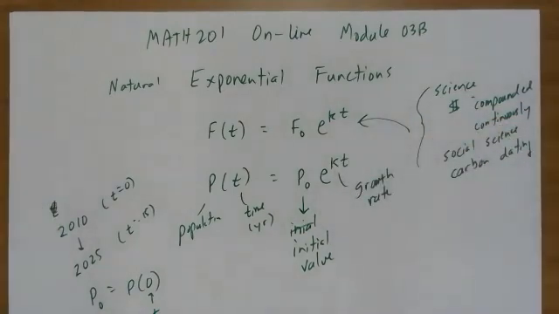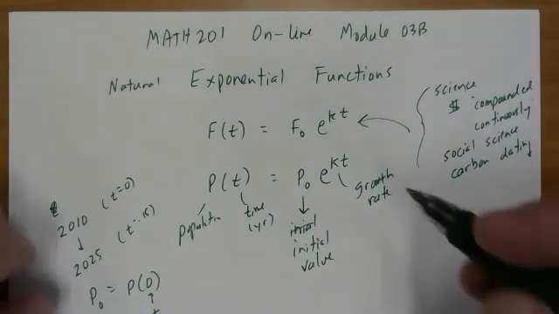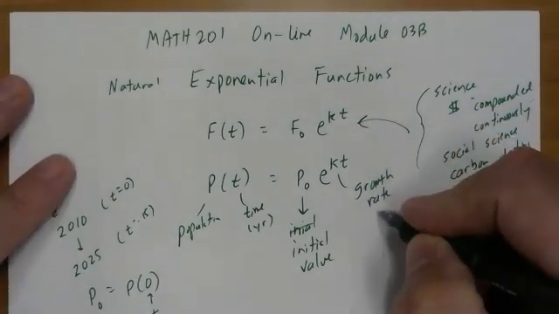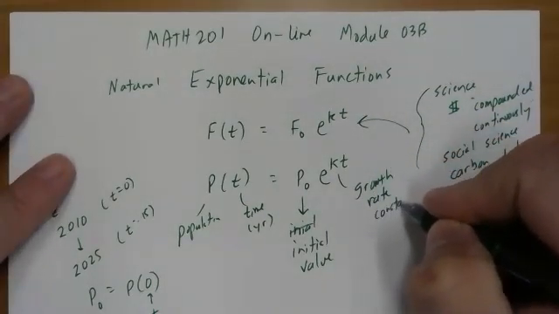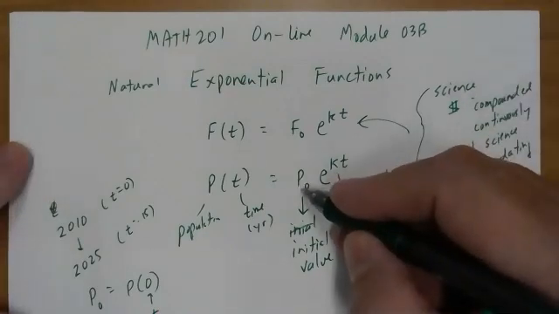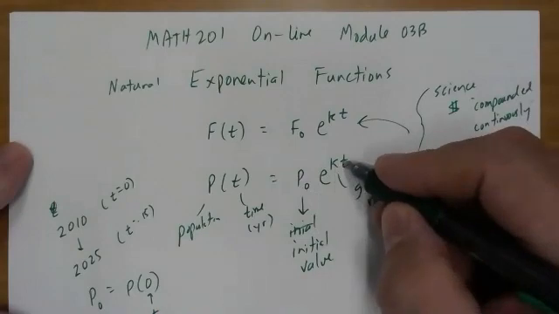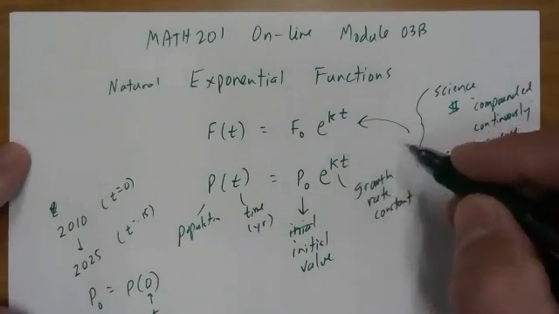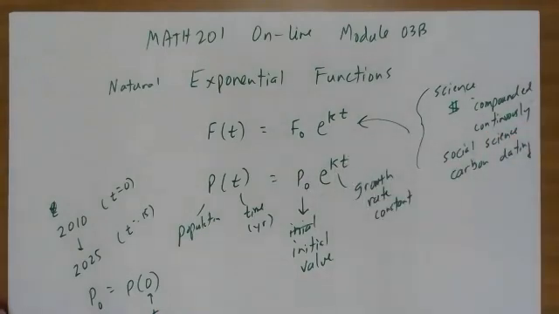The value of K is going to really determine how this function grows or how it decreases, whatever's going on. K is really important. K is, once again, a constant. It's just a number, just like this P naught is a number. K is also a number. T is your variable. T is the thing that can change.